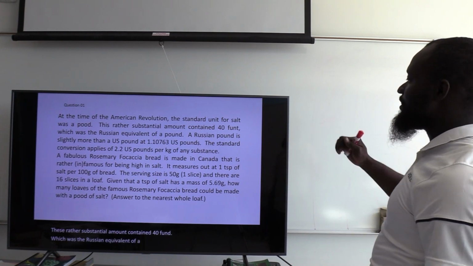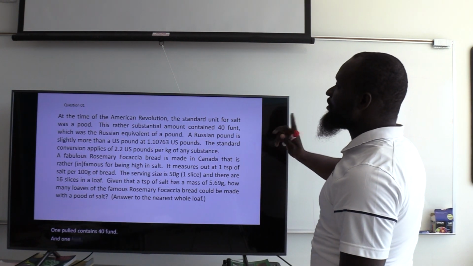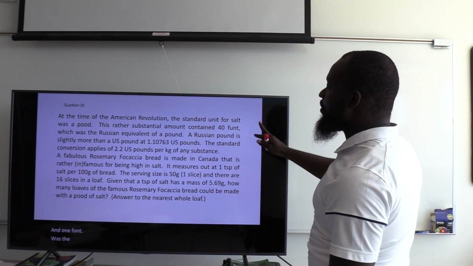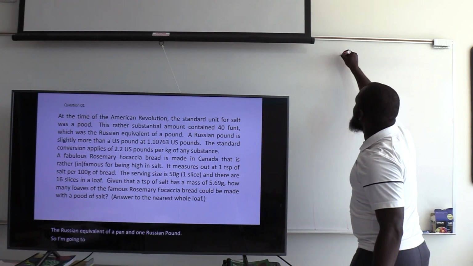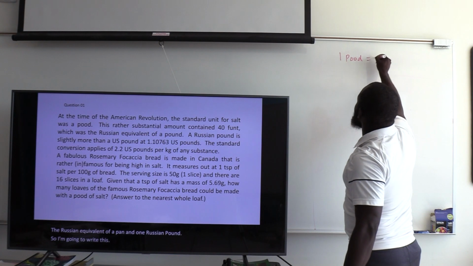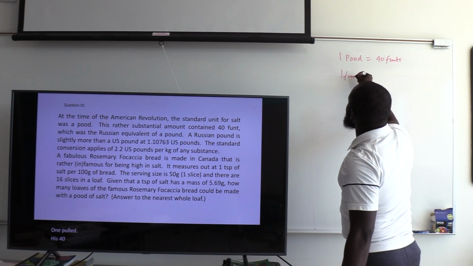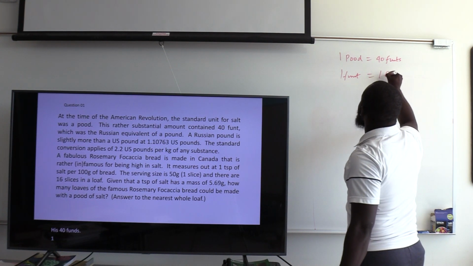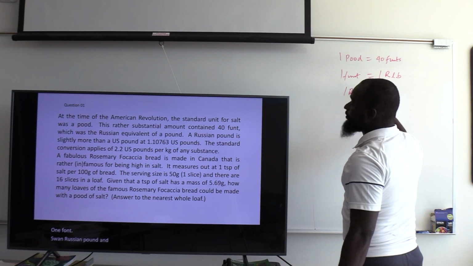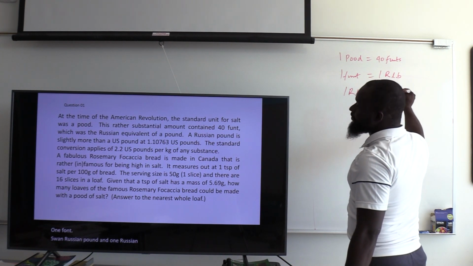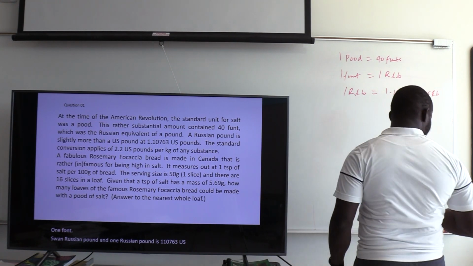So 1 pud is 40 funt, 1 funt is 1 Russian pound, and 1 Russian pound is 1.10763 US pounds. Okay?